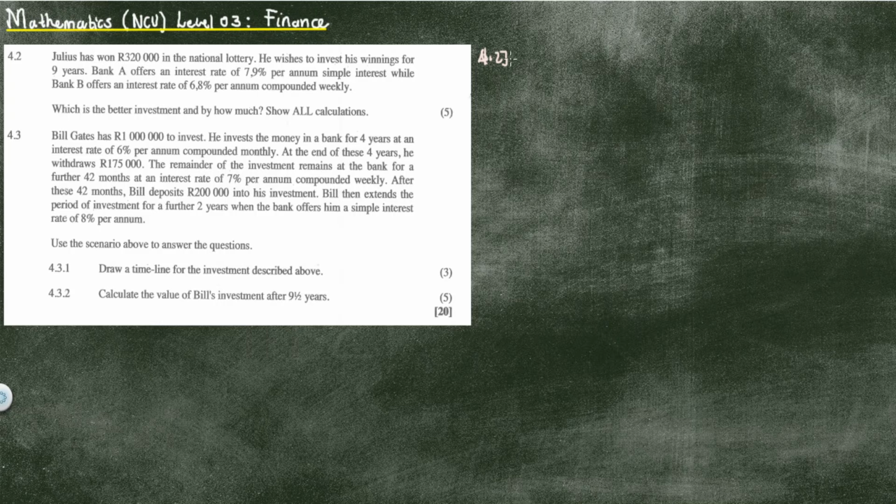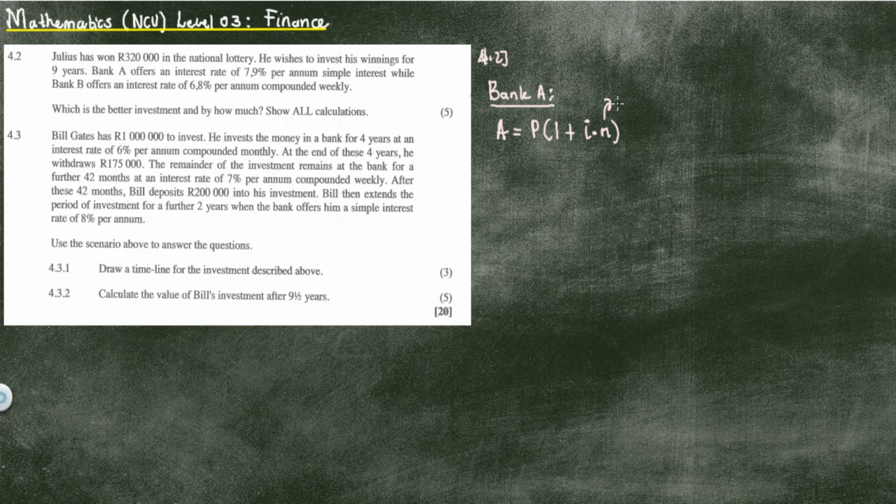So 4.2, all right, there are two rates. Bank A offers 7.9% per annum on the simple interest, while Bank B offers an interest rate of 6.8% compounded weekly. Now let's calculate the yield for Bank A. Since it's simple interest, it's going to be A equals P(1 plus I multiplied by N).